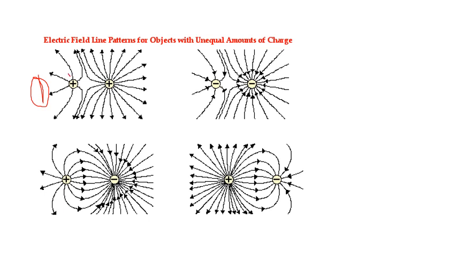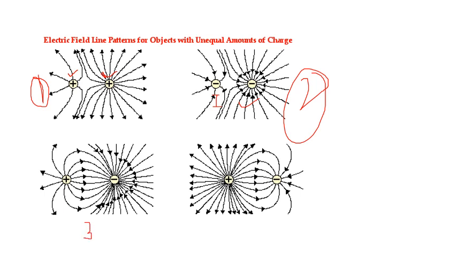This is a weak charge, this is a strong charge, so you will get this type of behavior. Similarly, in the second, you observe that the left charge is weak. What about the third figure?